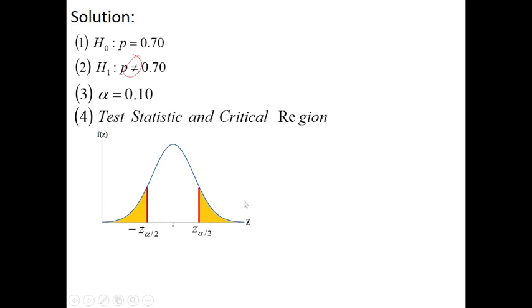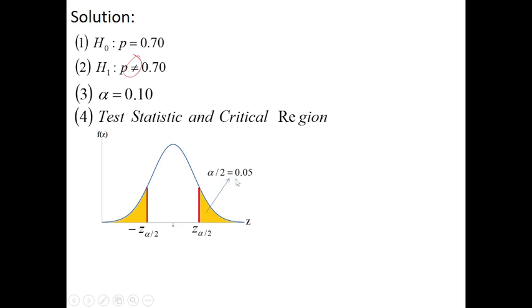Alright, so this area is what? We're going to use table 8.3 to determine z sub alpha over 2 and negative z sub alpha over 2.